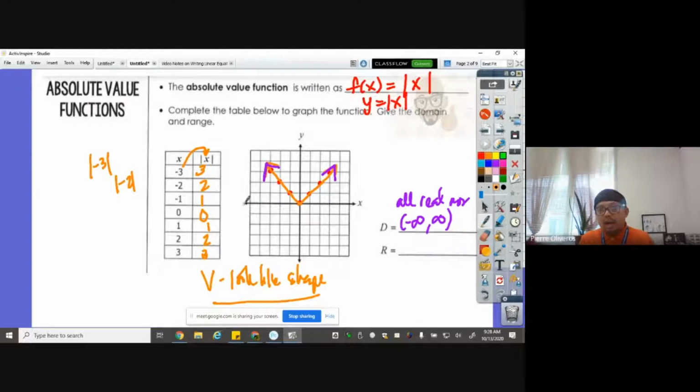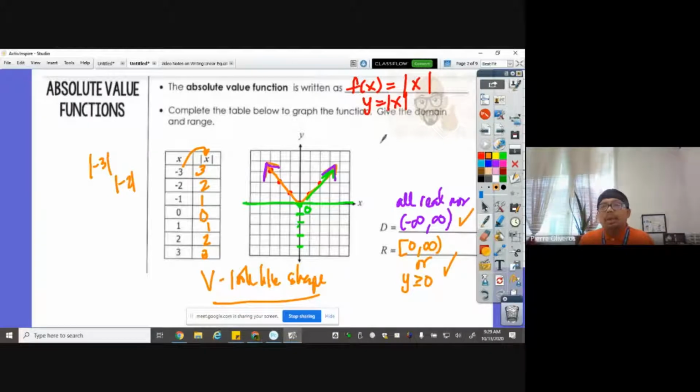The lowest point of the graph is 0 here, and from 0 it goes up. That means the range is the bracket 0 to infinity, or you can also say y is greater than or equal to 0. Either of these two is correct.